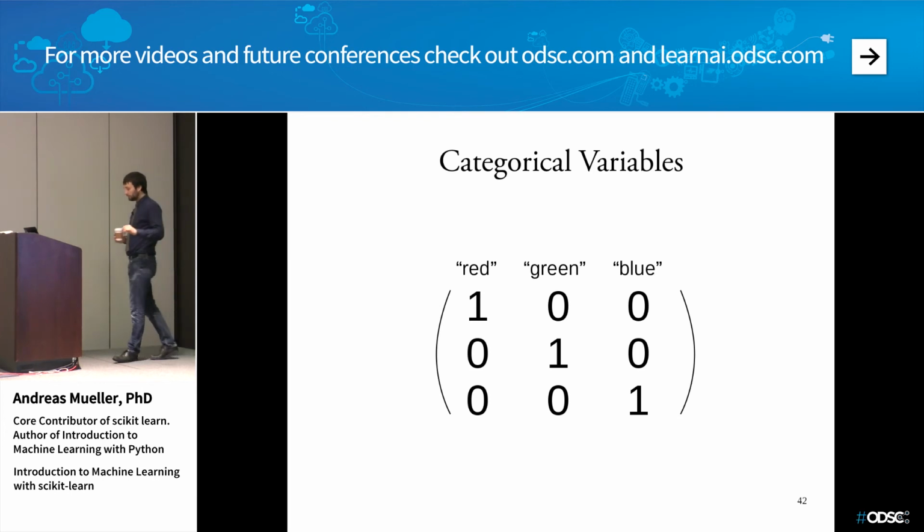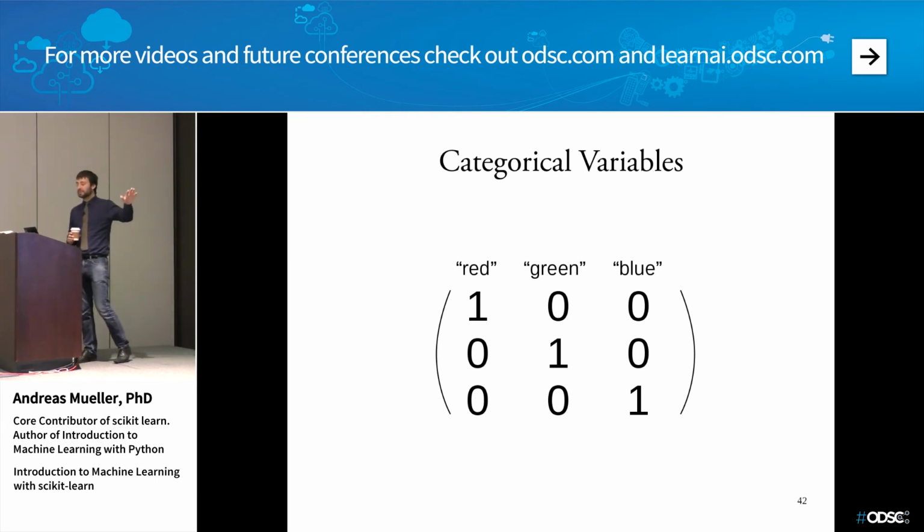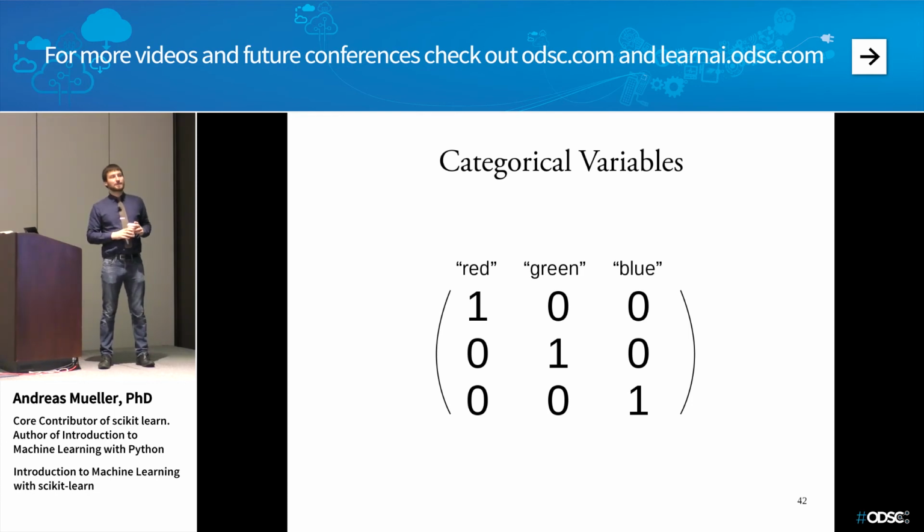You could theoretically leave out one of them, and there's an option to do that. They're linearly dependent. If I know red and green are 0, I know blue will be 1. If I know red or green was 1, then I know blue will be 0. So you only need the number of levels minus 1.